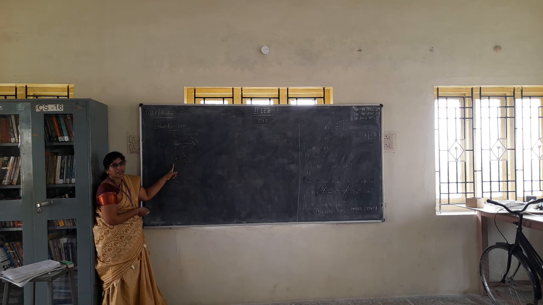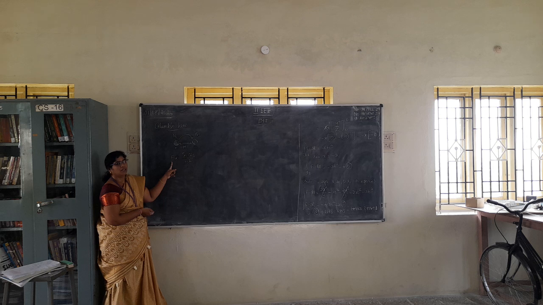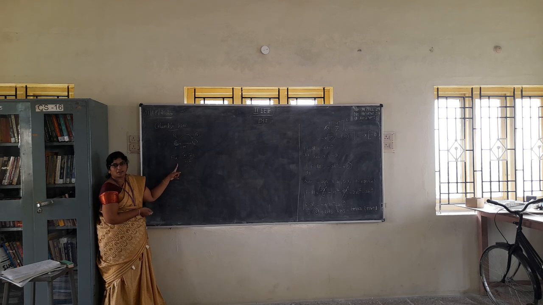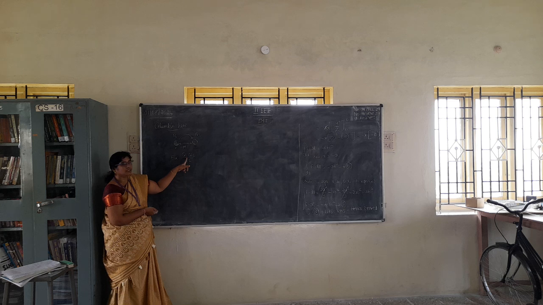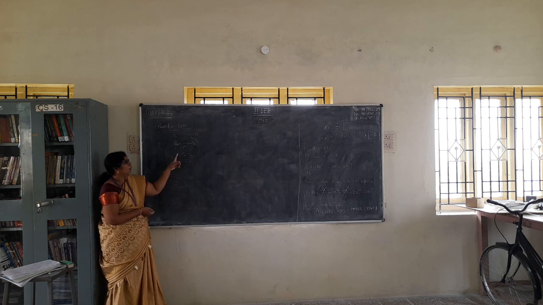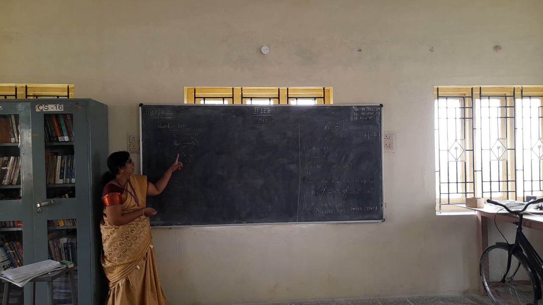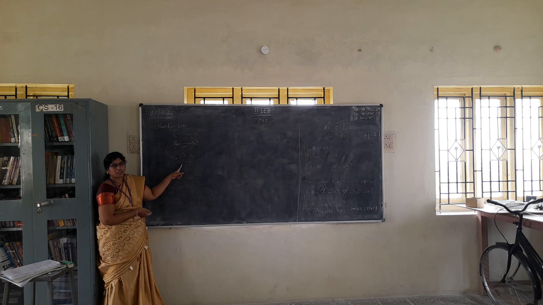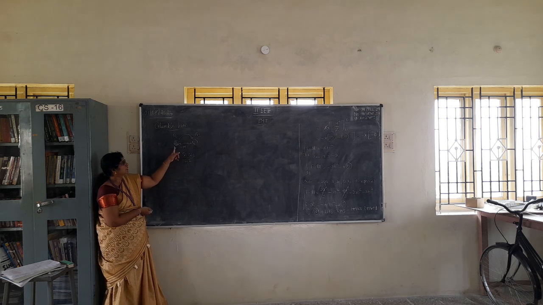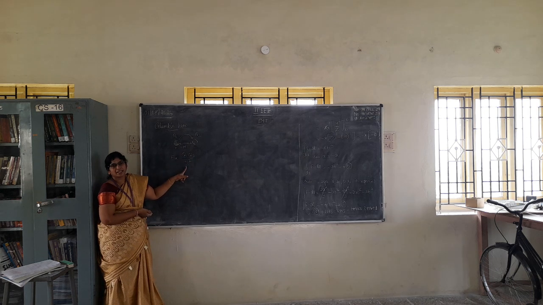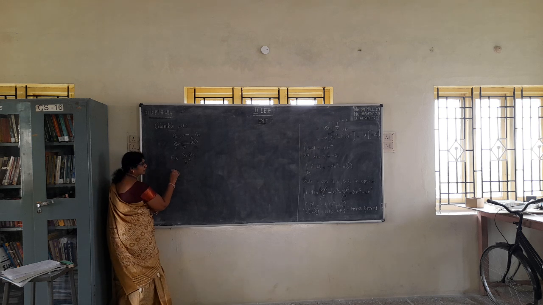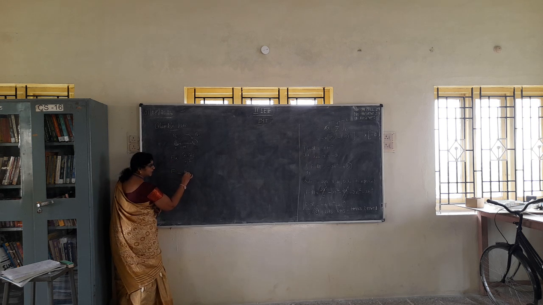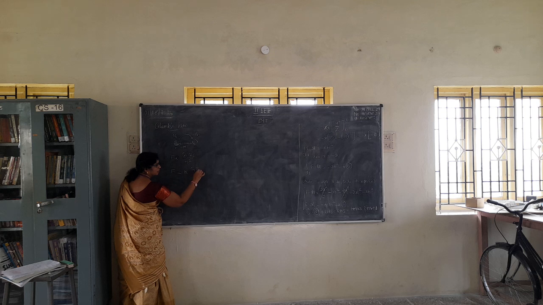Coulomb's law can be defined as: force is directly proportional to the product of the two charges, and force is inversely proportional to the square of the distance between the two charges, taken as r square. To remove this proportionality, we introduce a constant k, giving k q1 q2 divided by r square.